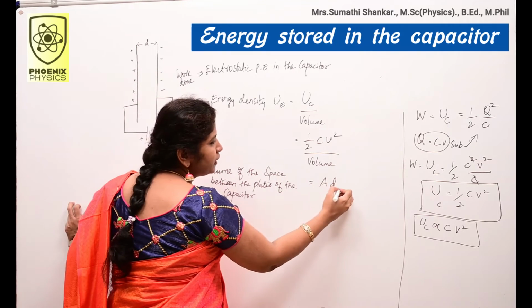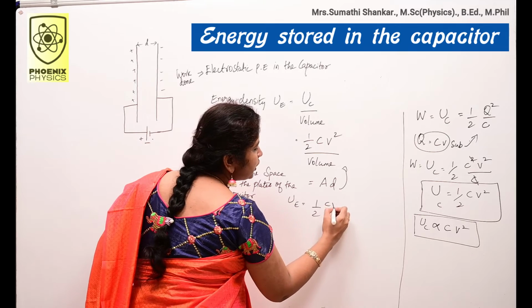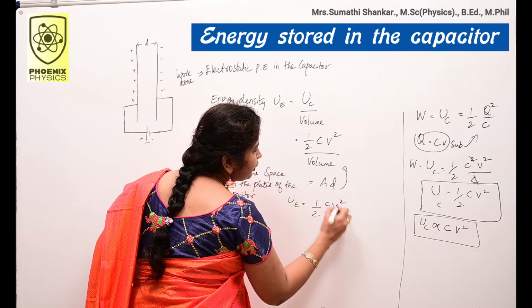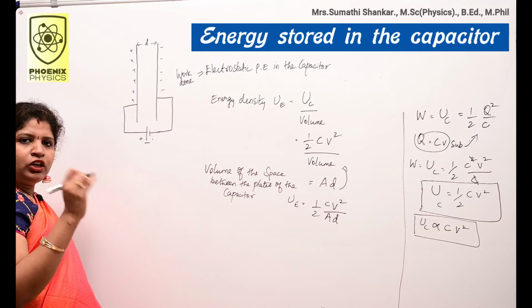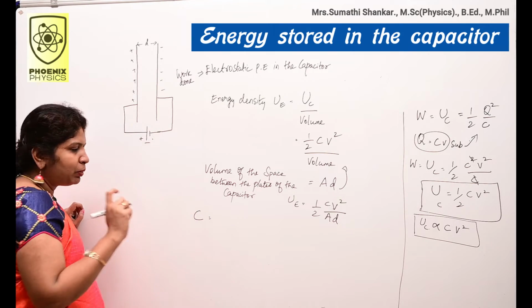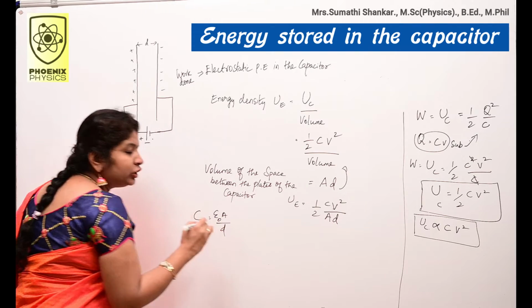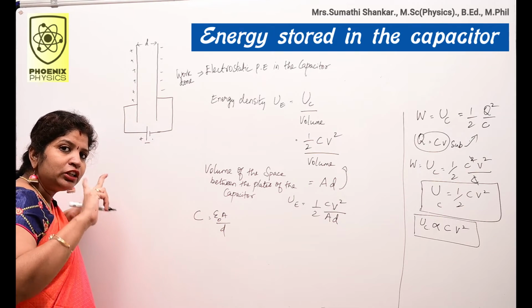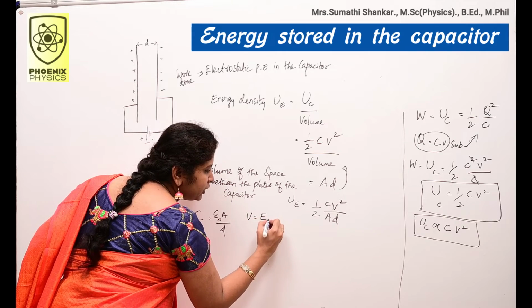So substitute AD here. So UE is equal to half CV square divided by AD. We know that the capacitance of the parallel plate capacitor is epsilon naught A by D, and the potential difference between the plates of the capacitor V is equal to ED.